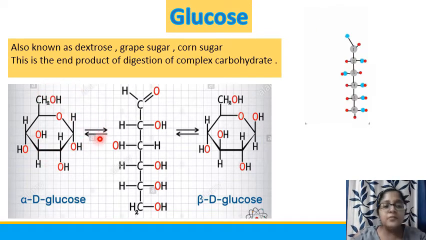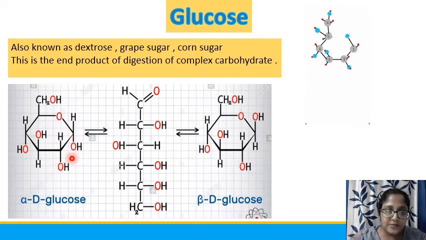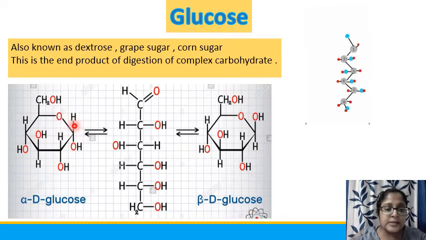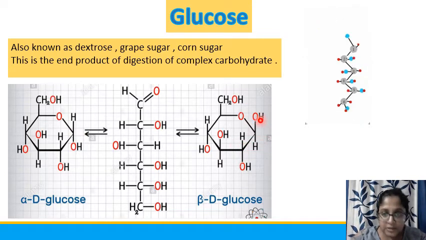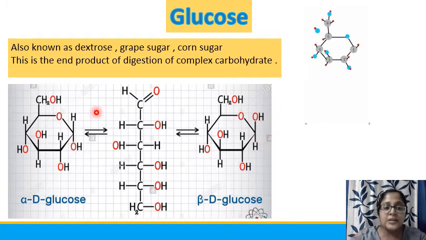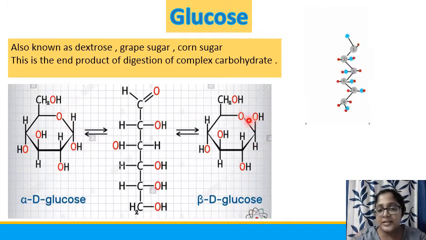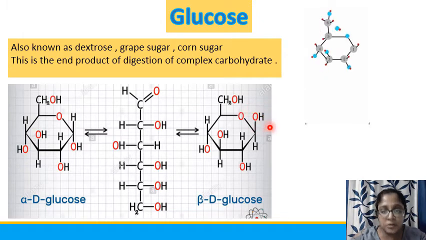The oxygens will also be 6, and the hydrogen is just double. Over here it is also the same, as you can see, only this position, that is the first carbon position, is different. Over here you can see the H is on the top, and in beta D glucose the OH is on the top, just the mirror image of the same.